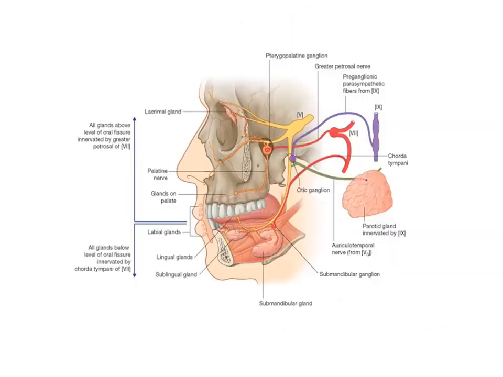The parasympathetic fibers, which are destined for the sublingual and submandibular salivary glands, originate from cranial nerve number 7, the facial nerve, as shown here. Preganglionic parasympathetic fibers are conveyed through the facial nerve, course through the geniculate ganglion, and exit via the chorda tympani nerve.